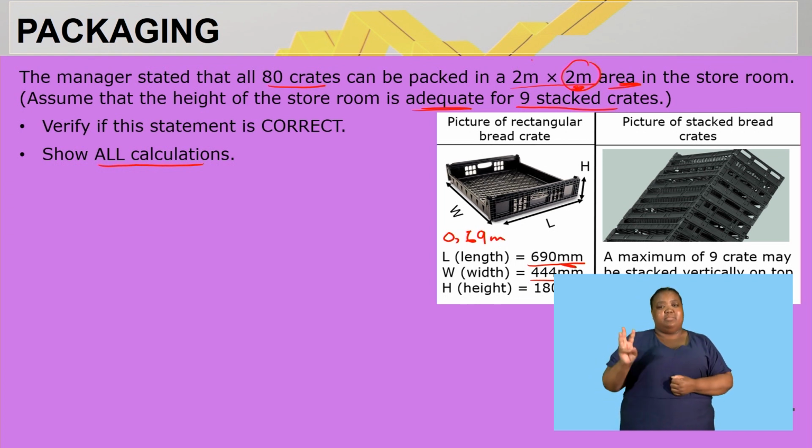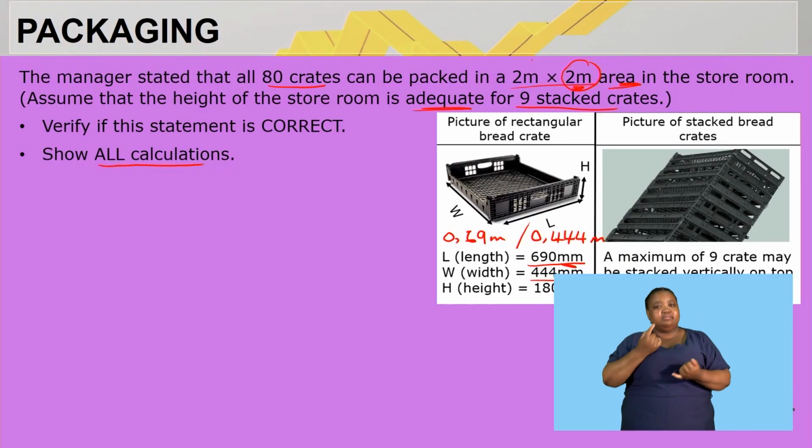Are we fine? Then if I look in terms of my width, I'll do the same. So 444 divided by 1,000, that will give us 0.444, and remember that's in meters. So now I converted my length as well as my width into meters, knowing that the unit that I'm going to work with will be meters.